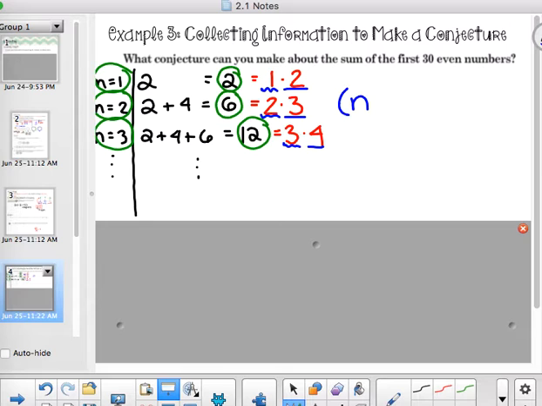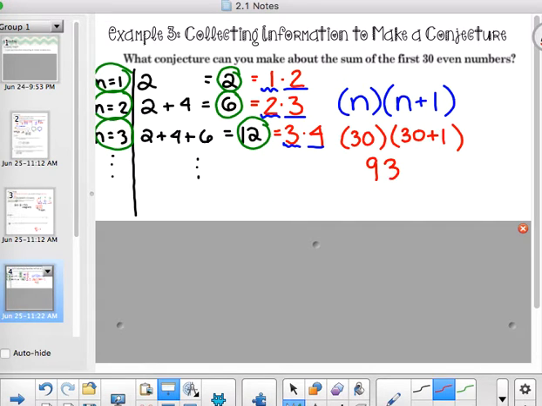So now I'm going to create the equation: n, which is our location in the sequence, multiplied by n plus 1. Because I'm trying to find the sum of the first 30 even numbers, that'll be located at the 30th location in my sequence. So I'm going to do 30 times 30 plus 1, and when I do that, I get 930.